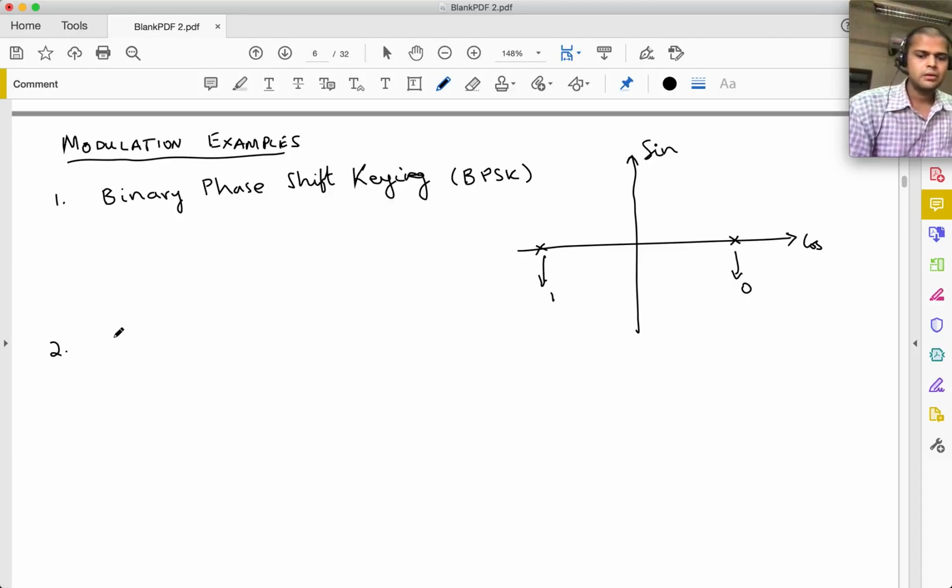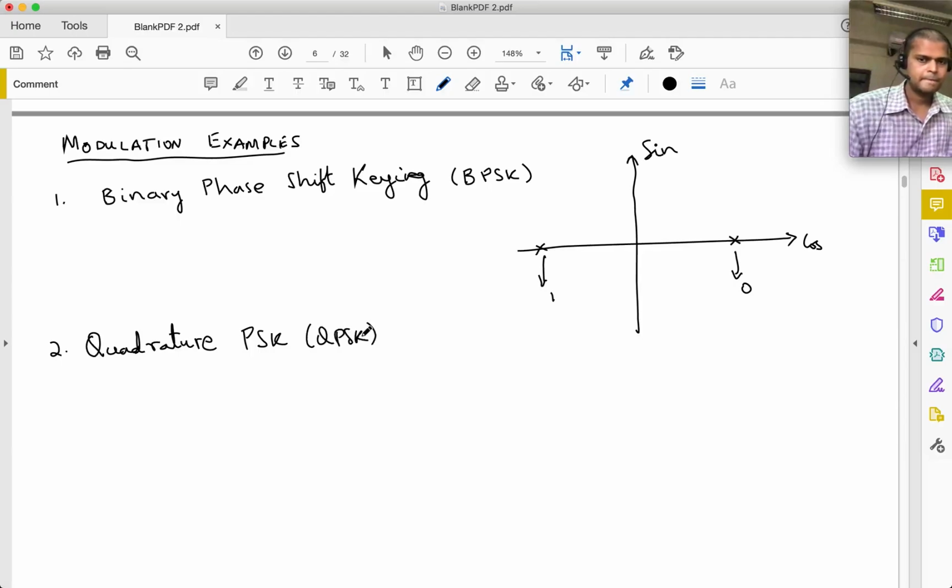There's also something called QPSK. That stands for quadrature phase shift keying. So what happens here? You might think, why only send 2 points?